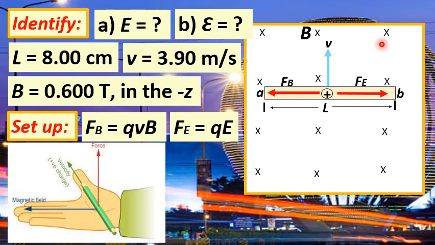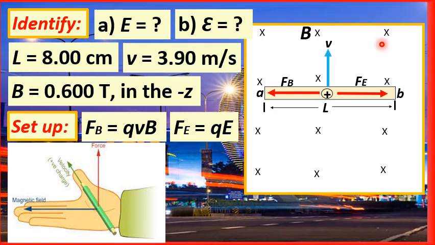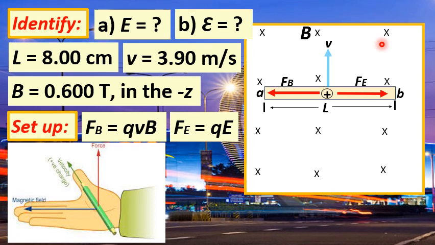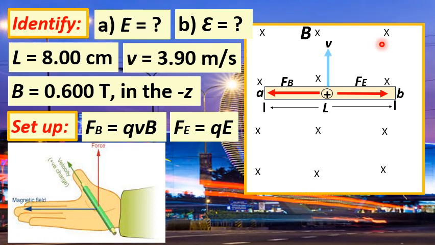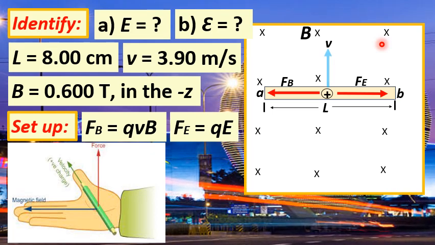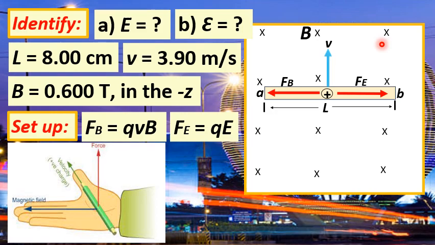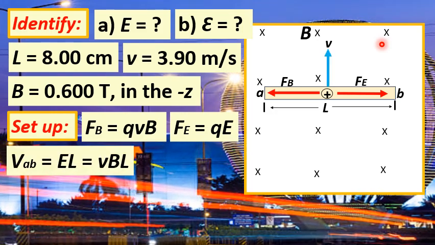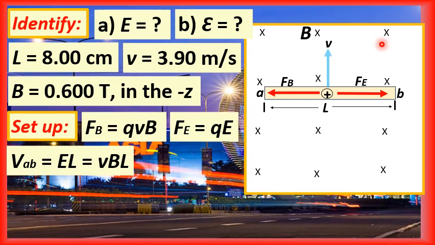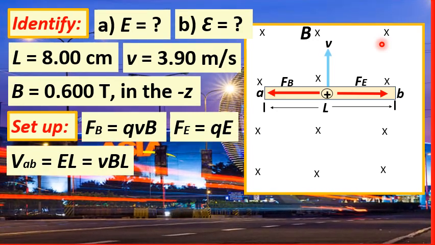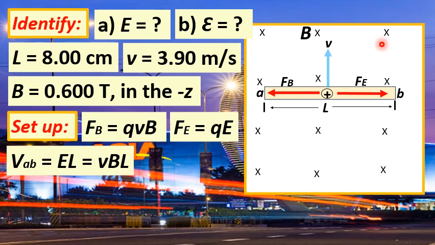Now, the charge continues to accumulate at the ends of the rod until the electric field E becomes large and the electric force F_e equalizes the magnetic force F_B. The magnitude of the potential difference V_AB is equal to the electric field multiplied by the length L of the rod.